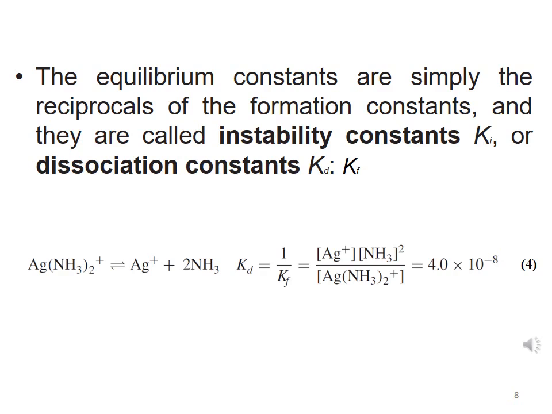They are called the instability constant, denoted by Ki, or the dissociation constant, represented by Kd. So this Kd is equal to 1 over Kf, that is the inverse of the formation constant.